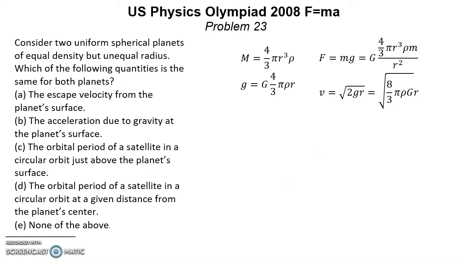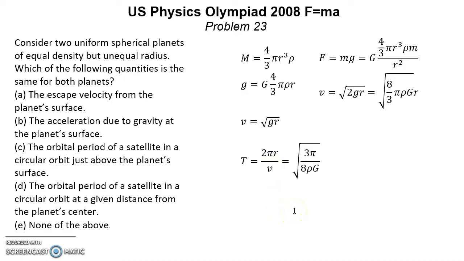Let's check part C, the orbital period of a satellite in a circular orbit just above the planet's surface. We know that the orbital speed right above the surface we can count using this formula, and the period we can find as distance over speed, 2 pi r over speed.